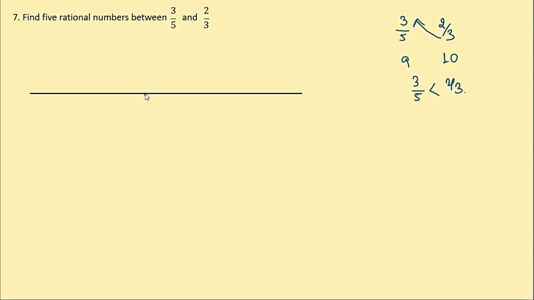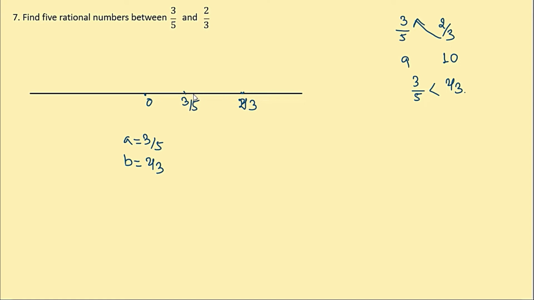So if this is 0, then 3 by 5 should be here and 2 by 3 should be to the right of 3 by 5. So A equals 3 by 5 and B equals 2 by 3.